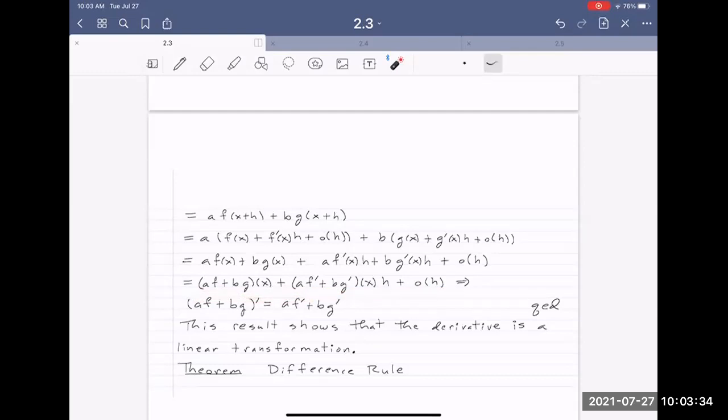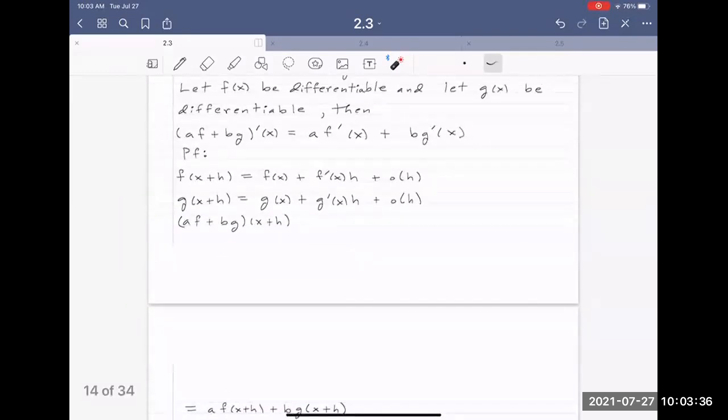But now, recall, if you have something evaluated at x plus h, which is equal to that same thing evaluated at x plus something not involving h, times h, plus a little o of h, then that something that doesn't involve h is your derivative of that original function.